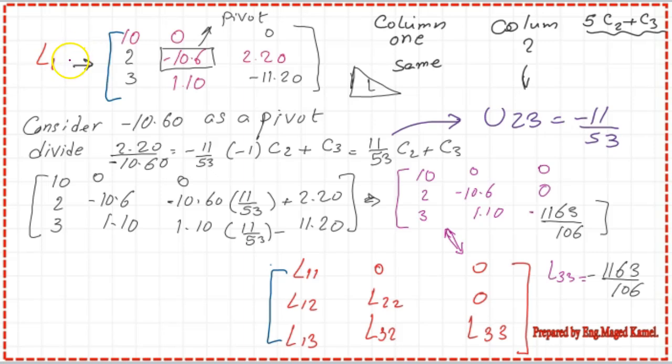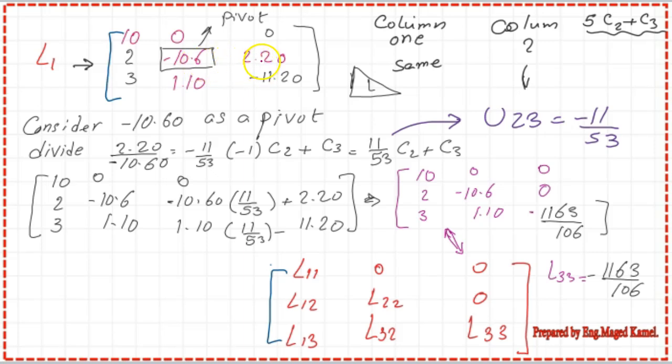This is the matrix. You could call it L1. In order to continue getting the lower matrix, we need to eliminate this element by using this pivot, minus 10.6.